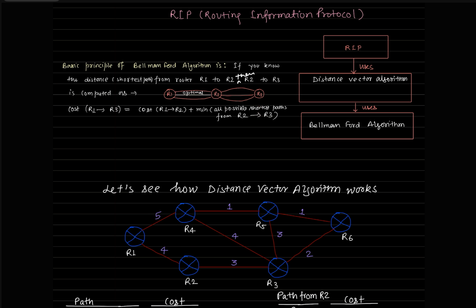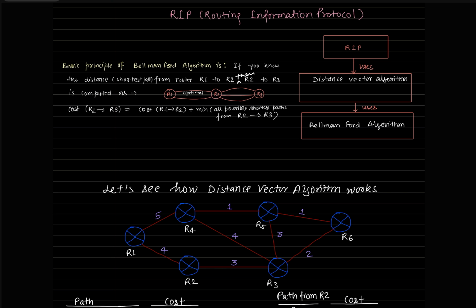If we write the formula, the cost of reaching from R1 to R3 becomes the cost of R1 to R2, which is already computed. This is the optimal one out of the available paths from R1 to R2, plus the minimum of all possible shortest paths from R2 to R3.